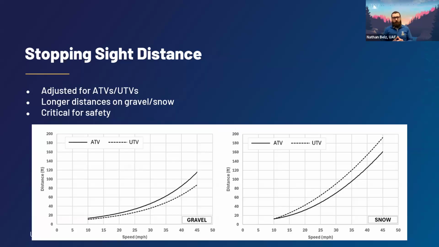We pulled from some research that looked at braking and stopping sight distances on varying surfaces and grades for both ATVs and UTVs, and an illustration of that is shown on this slide here.